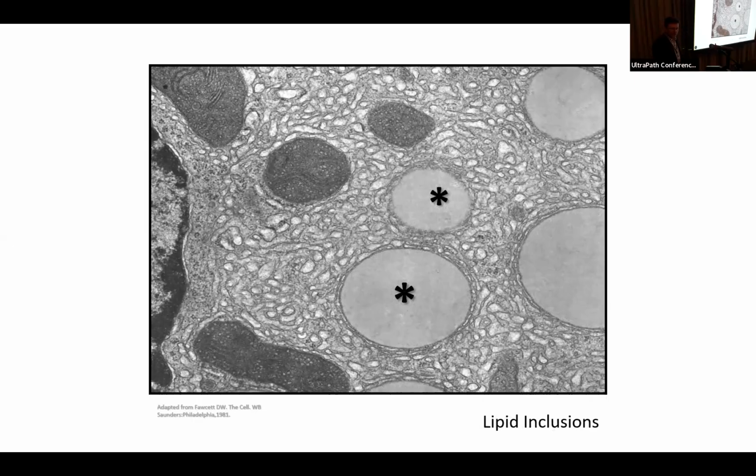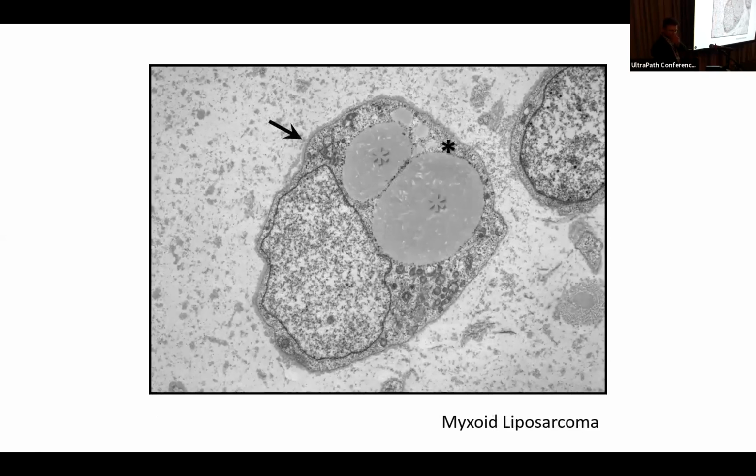All right, the abundance of mitochondria displaying tubular cristae, combined with the smooth endoplasmic reticulum and prominent lipid inclusions, are characteristic features helping with the identification of these steroid-producing cells. But other tumor types as well are characterized by an abundance of lipid.